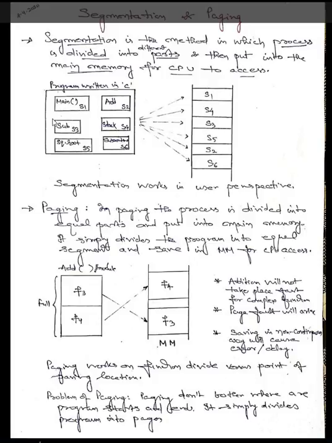That means the program is divided section-wise, and instead of putting it in memory at one particular point, it is split and put into the memory in different locations. So when the program is put in different locations, the CPU will fetch these parts and thereby execute them.